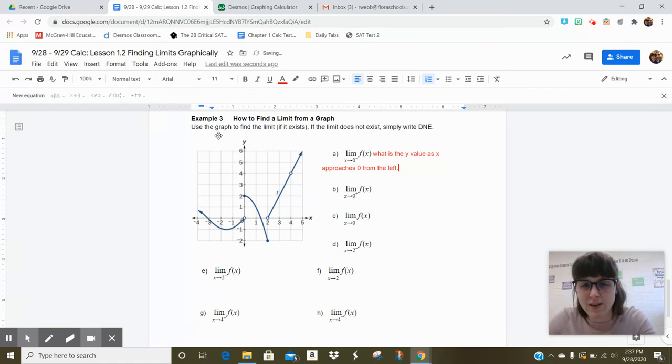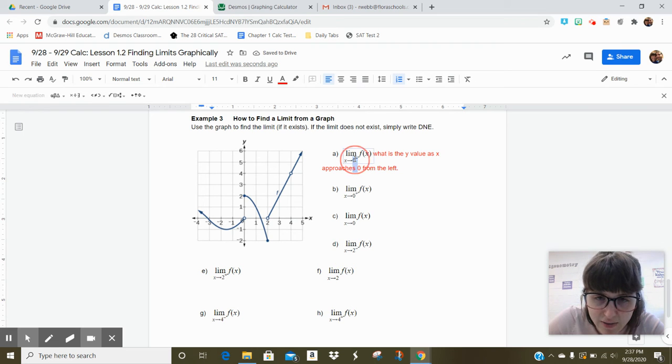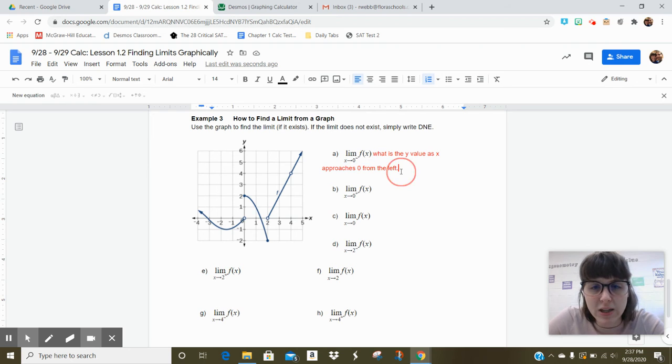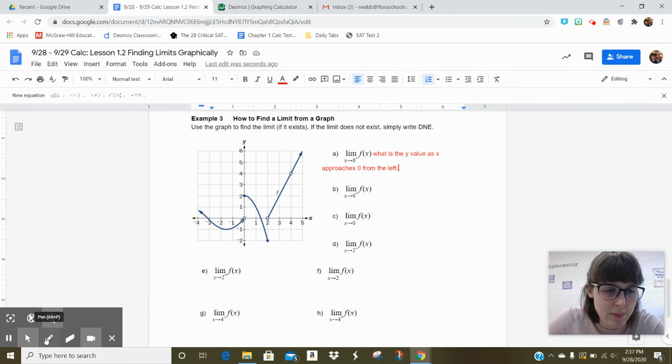Because anytime you have a minus sign, like this little exponent right here is a negative, that means we're approaching 0 from the left. I'm going to get my handy dandy pen now, and I'm going to show you. So approaches 0, here's the x-axis. Approaches 0 from the left means we're coming in from this direction.